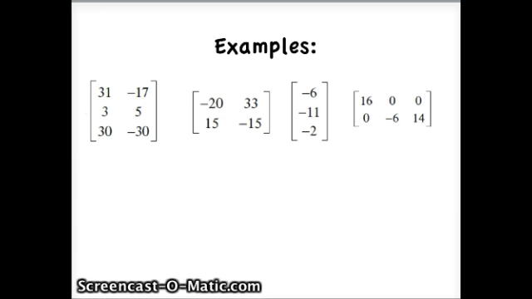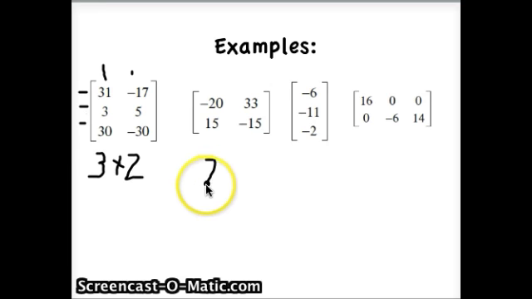So you should have written down all of these, and now we're going to go over them. Remember, we're doing rows by columns, so 1, 2, 3 rows by 1, 2 columns. This is a 3 by 2 matrix. And we have 1, 2 rows here, and 2 columns, so it's a 2 by 2.